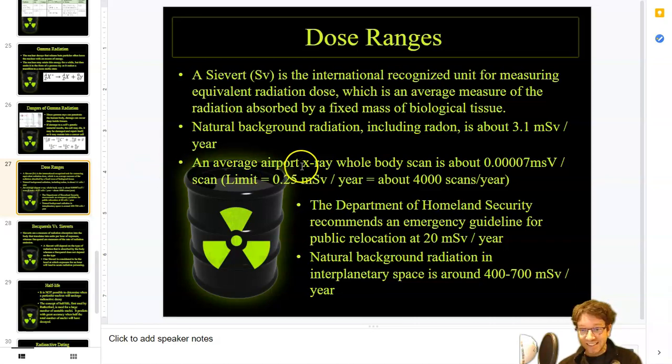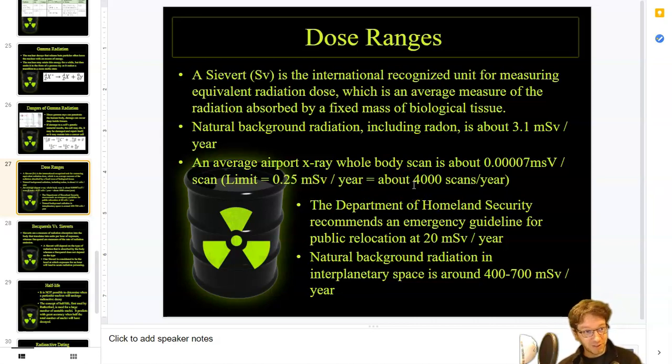Now, if you were to get, say, an X-ray scan of your whole body, one scan is 0.00007 millisieverts. Okay, if you were to, say, have a limit of 0.25 millisieverts per year, that means you'd have to get 4,000 X-rays a year.